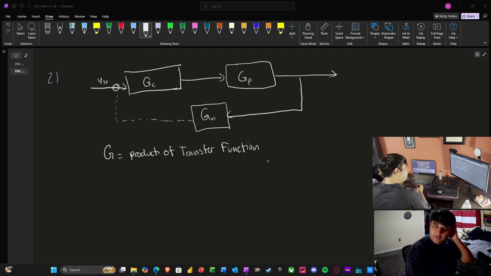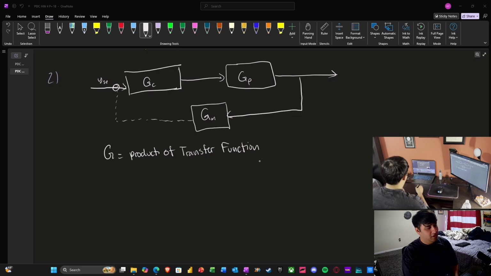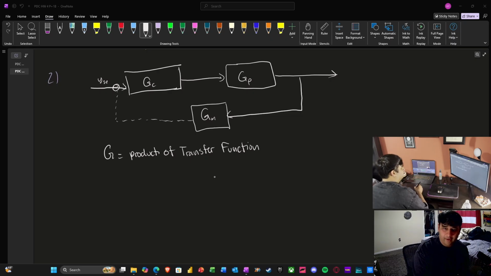And so next we want to use this product of transfer functions to solve algebraically.